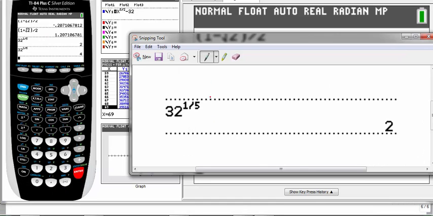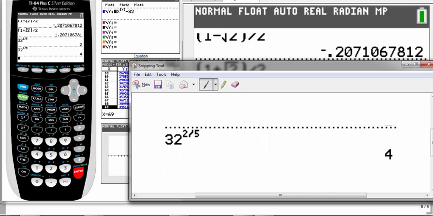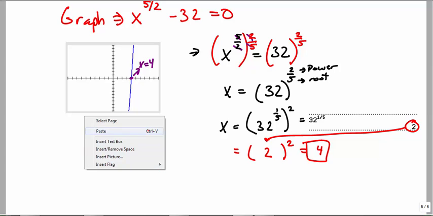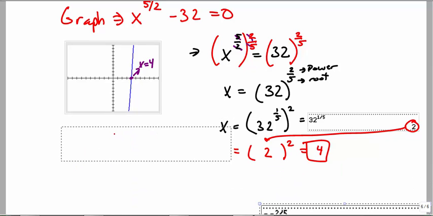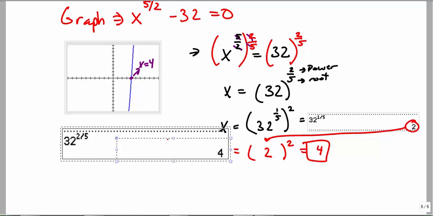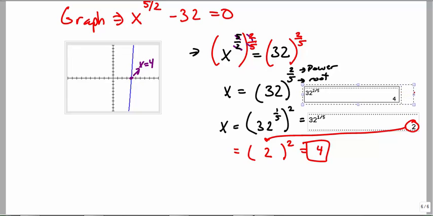So that verifies the same thing. So that would have been right up in here, where we did that 32 to the 2/5 is 4. So the graph shows the same thing as our handwork does.